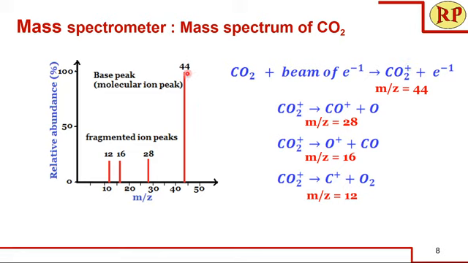So you should identify the base peak, that is the tallest peak, and see what is the molecular weight of it, and we can compare the compounds which have this molecular weight 44, and then go to the fragmented ion peaks.